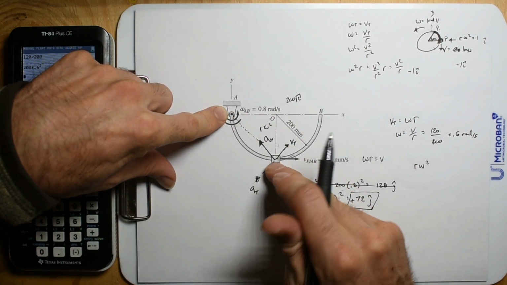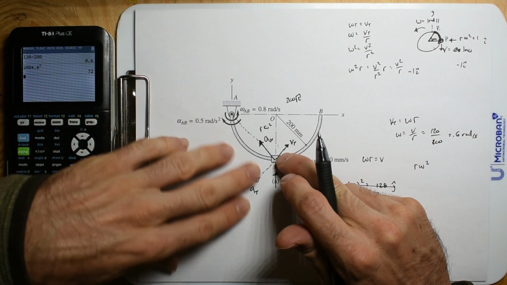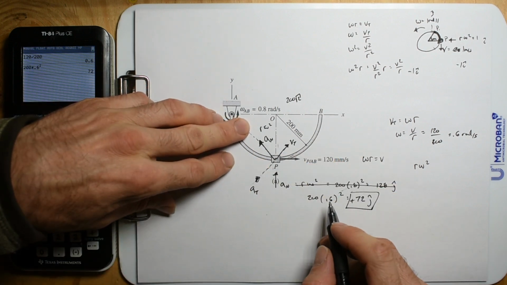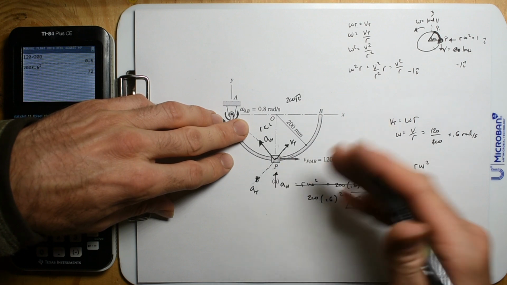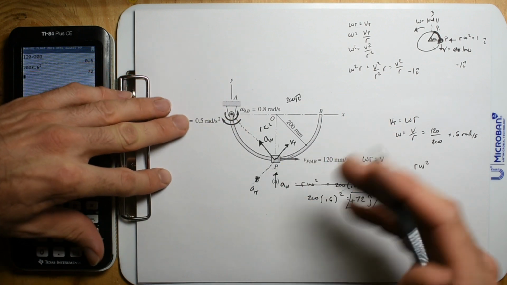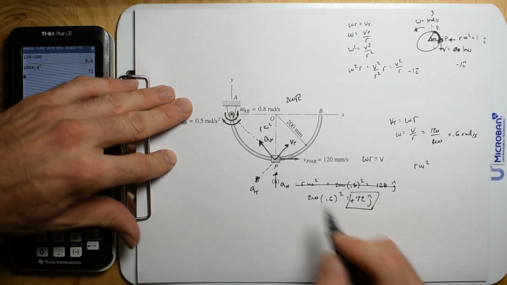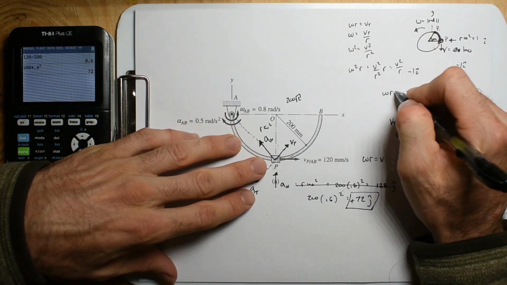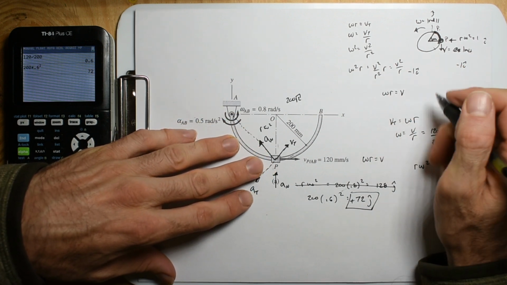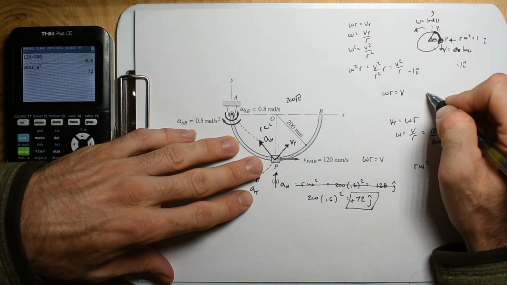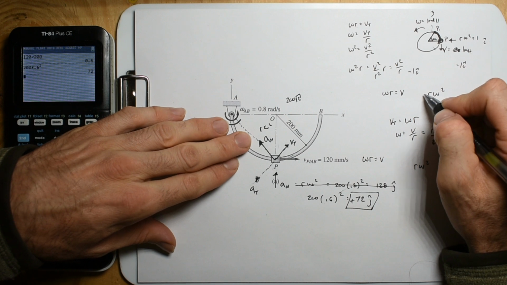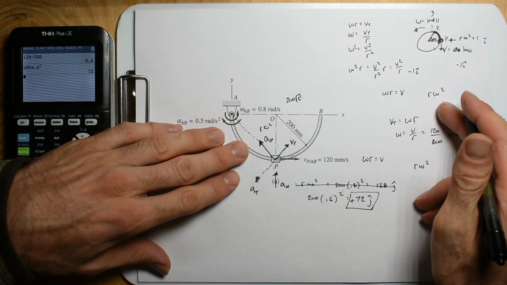Okay, so now let's do this. We are going to have a velocity. Let's say omega times radius is velocity, and what we have is this equation that says r omega squared is normal acceleration.